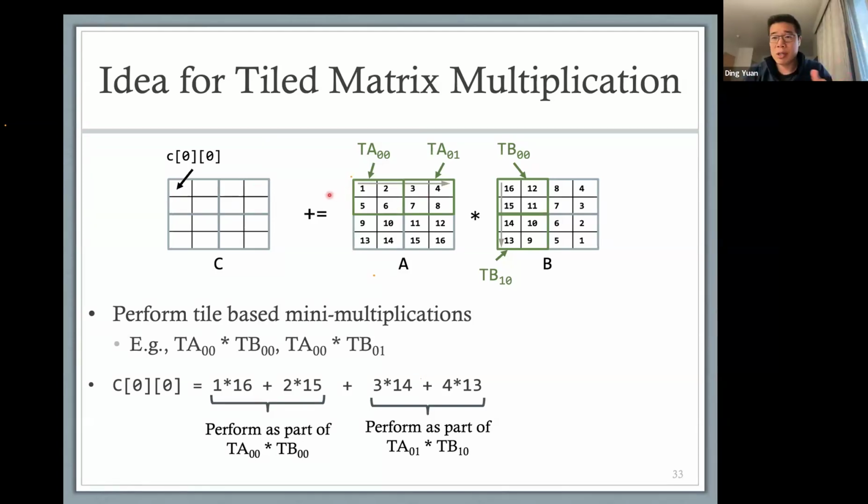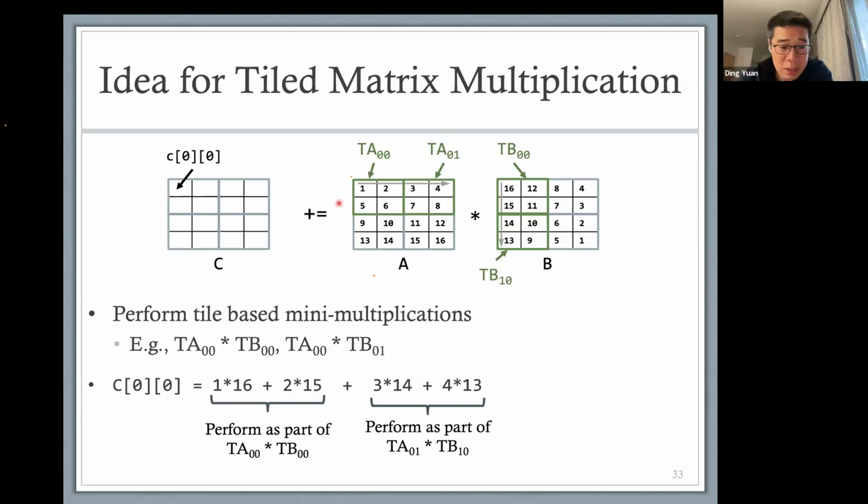The whole point is we reorder these operations so that all the computations involving these elements are finished before we move on. This is called tiling. The number of operations is still exactly the same, but we will significantly reduce the number of cache misses. That is the idea.